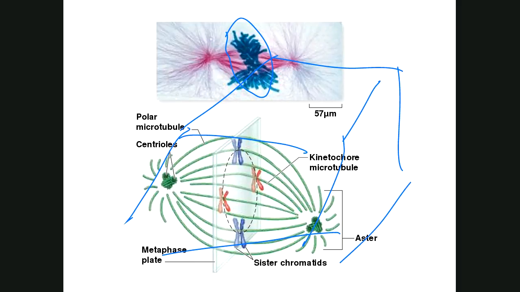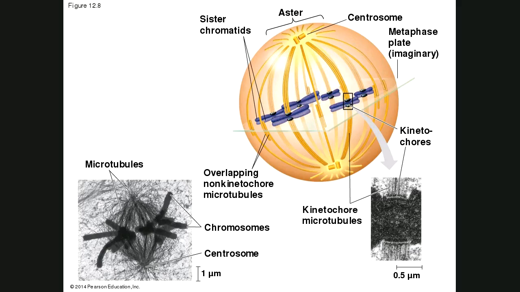I'm not an engineer. Then those spindle fibers, or those mitotic spindles, those kinetochore microtubules, and even those polar microtubules. Remember, there's two kinds. They're calling them the overlapping, right, non-kinetochore microtubules, and these are the kinetochore.